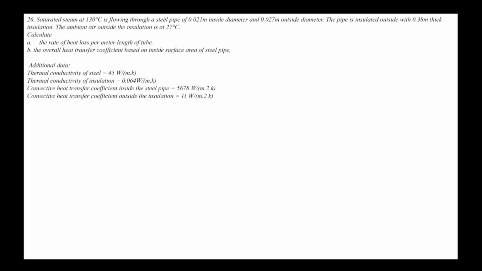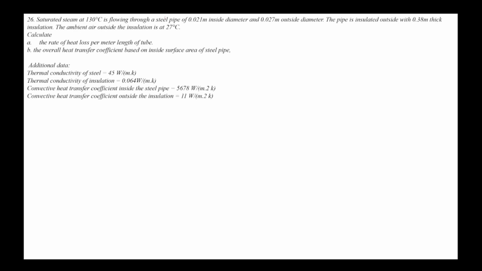That means the atmosphere is at 27 degrees Celsius, and heat transfer takes place from inside the steel pipe, where the steam is flowing at 130 degrees Celsius, to the outer side, and the outer surface of the pipe is covered with 0.38 meter thick insulation. That is a very straightforward question.